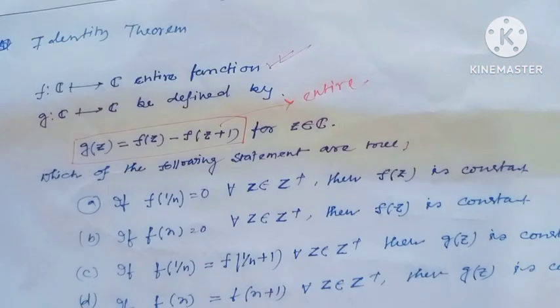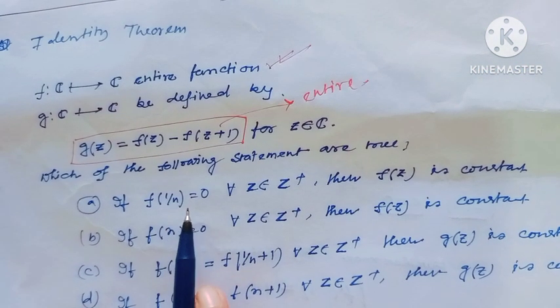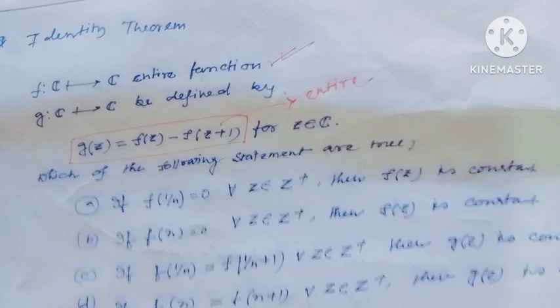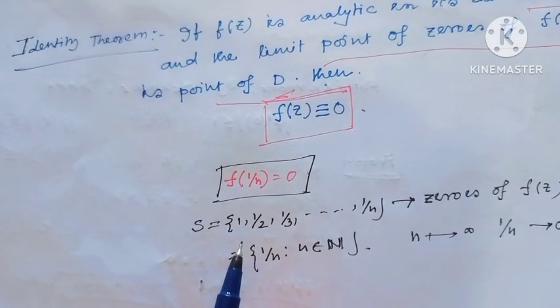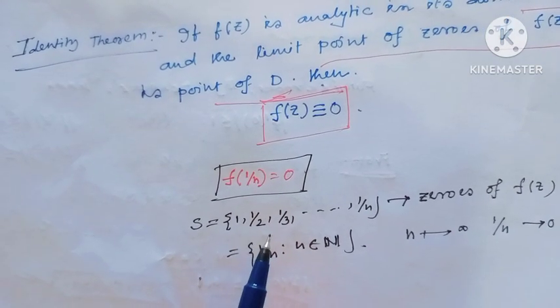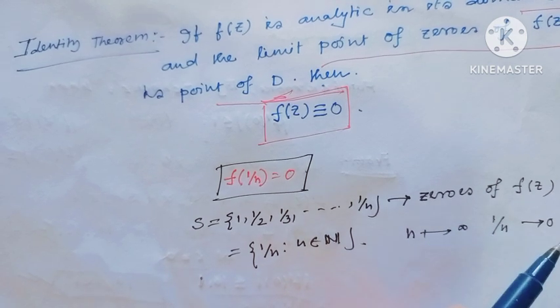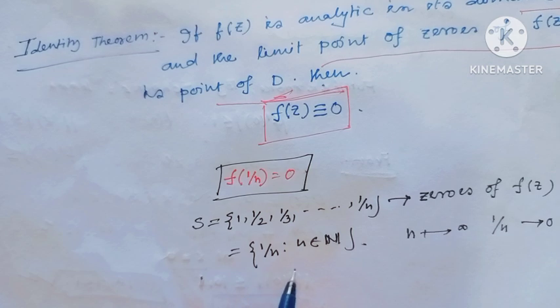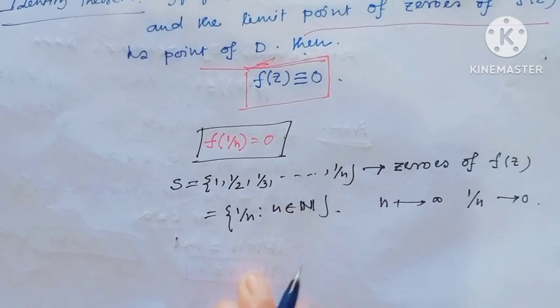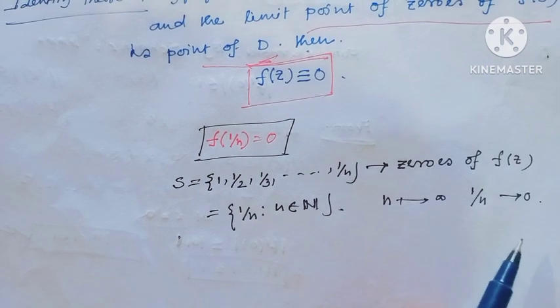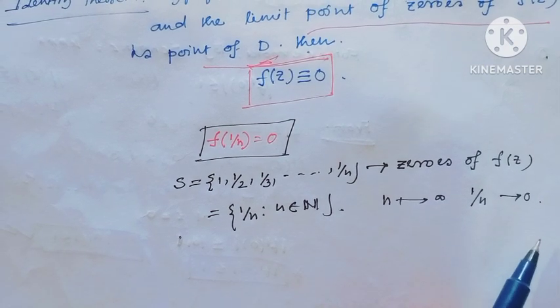Notice the first option: f of 1 over n equals 0. That means the set S contains 1 half, 1 third, 1 over n, and so on. These are the zeros of f(z). That means this is the set 1 over n such that n belongs to the natural numbers. And as n tends to infinity, 1 over n goes to 0.